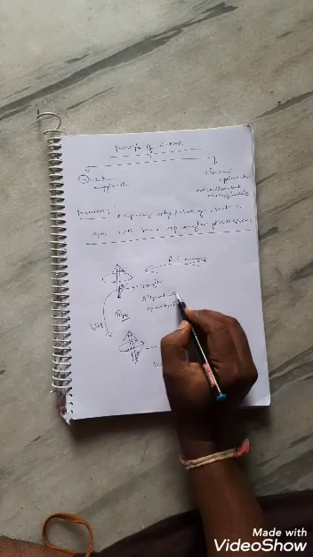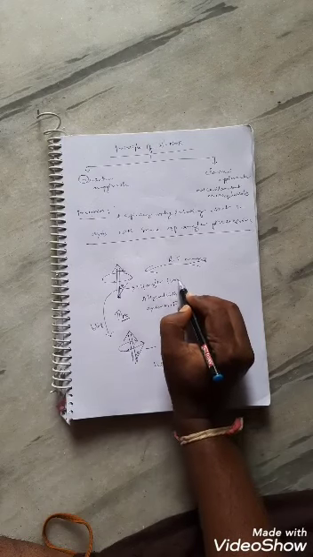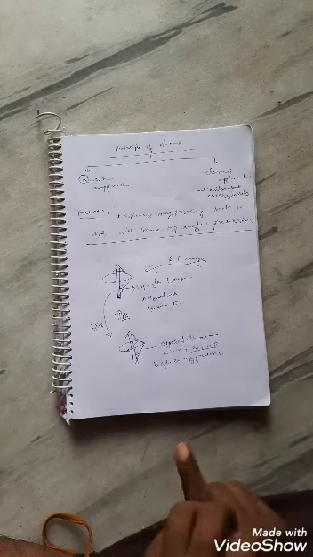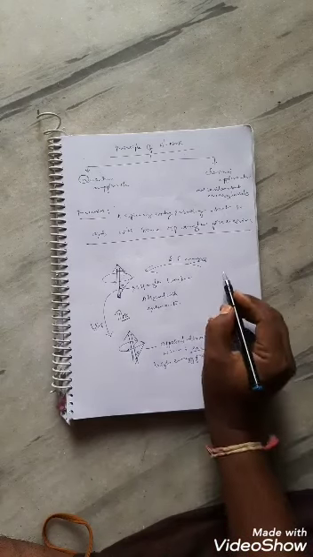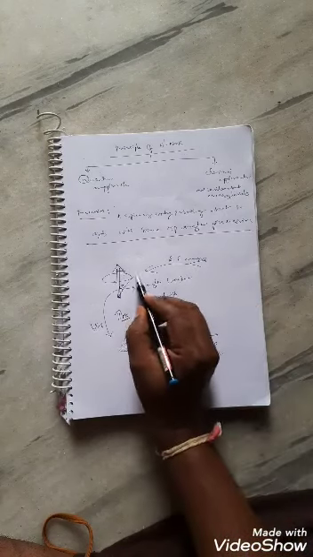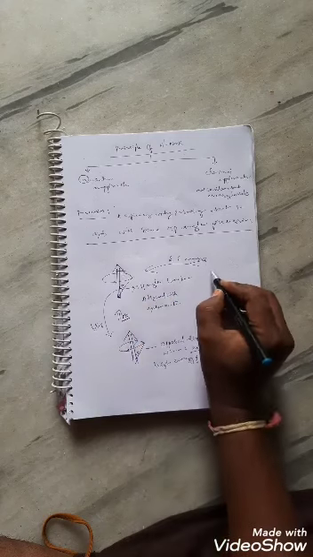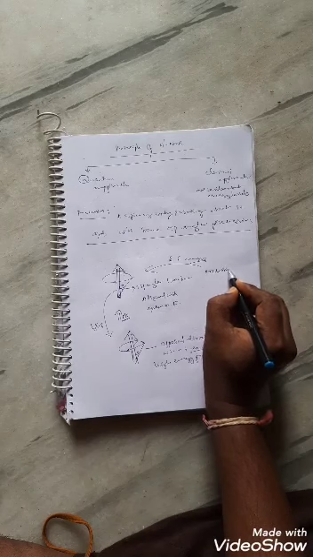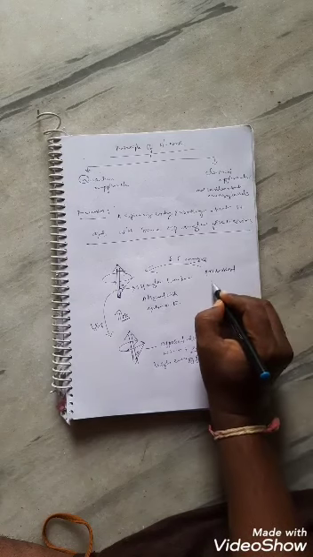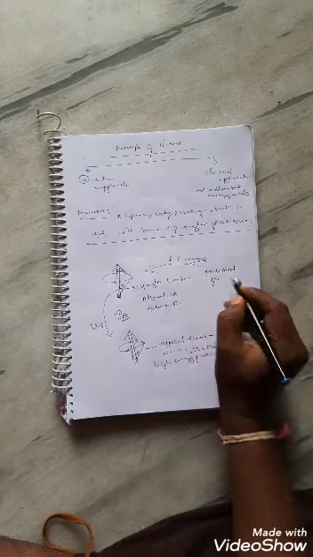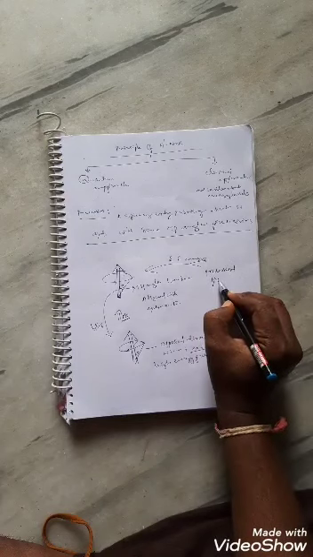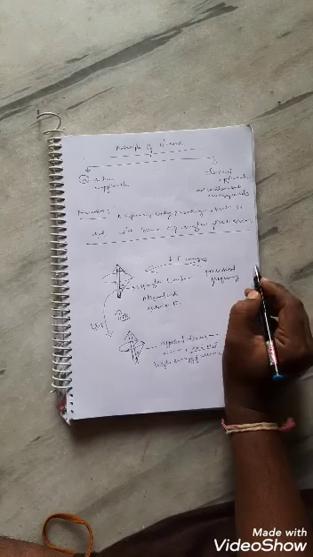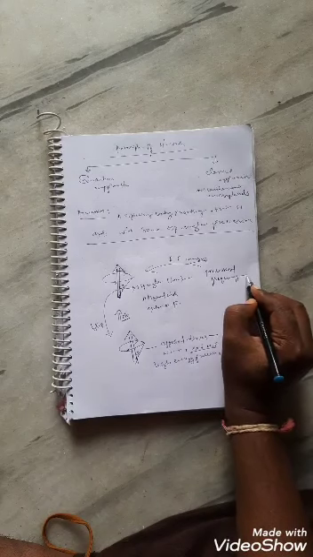And this is a low energetic precession. The number of rotations per second around the axis is called the precessional frequency.